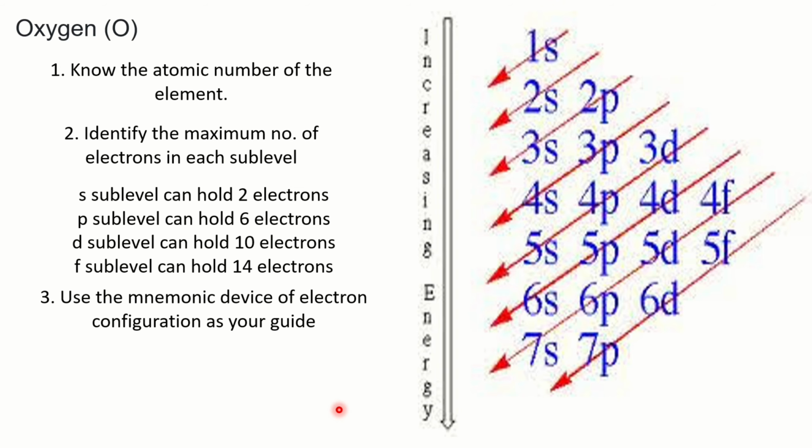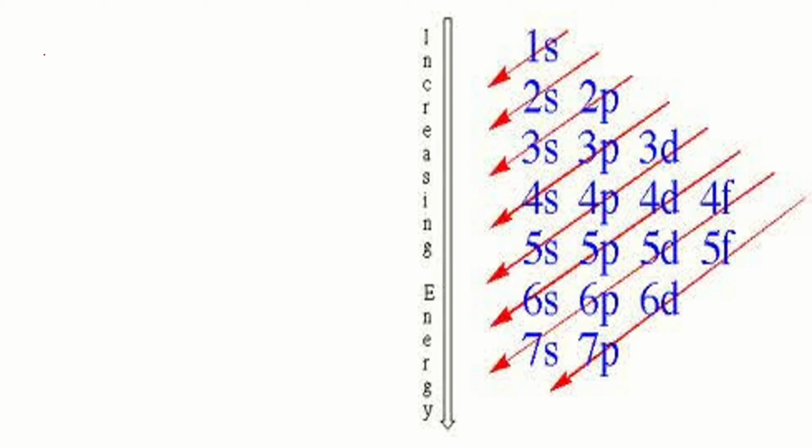Okay, so let's do the steps. Let's write the electron configuration of oxygen. The symbol of oxygen is O. Now, the first step is to know the atomic number of the element. So we have to use the periodic table.